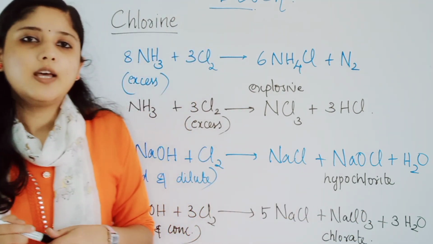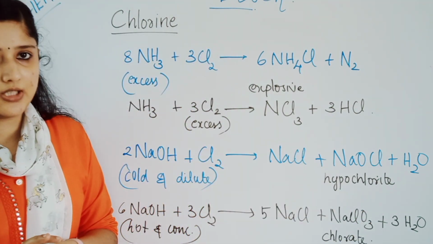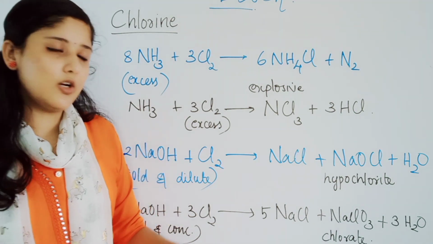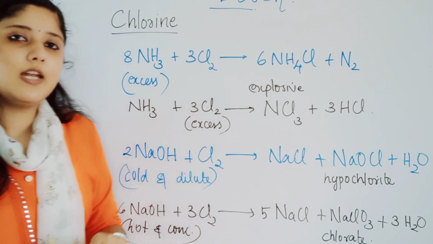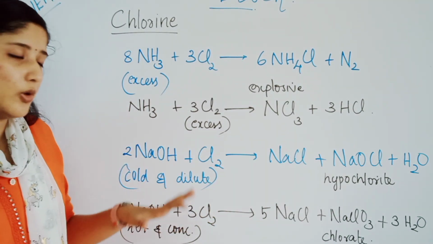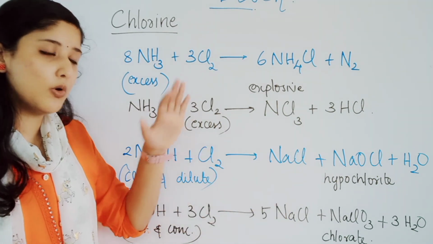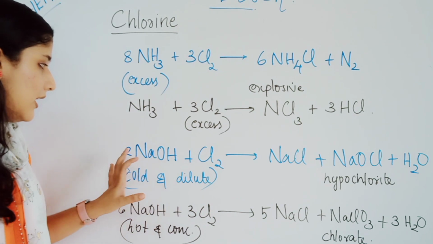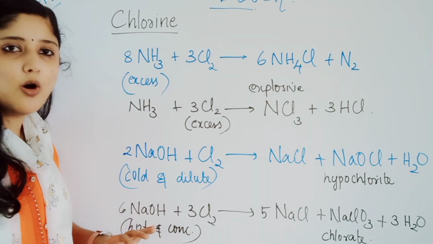That is the reaction with NaOH. If NaOH is taken hot and concentrated, you will obtain chlorate, and if NaOH is taken cold and dilute, you will obtain sodium chloride plus what? Hypochlorite. Those are the different products when the alkalis are in hot and cold conditions.